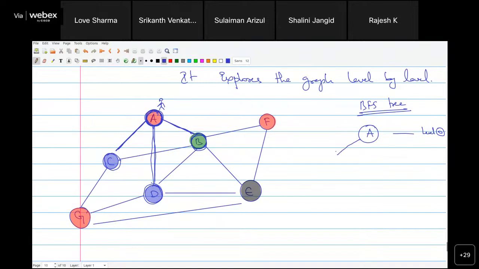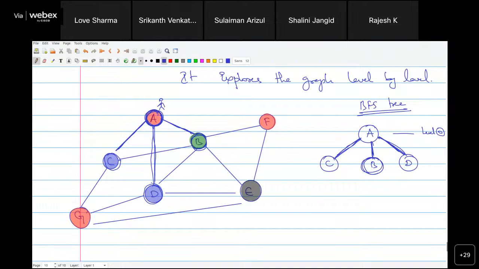I will explore C by traveling along the AC edge, I will explore B by traveling along the AB edge, and I will explore D by traveling along the AD edge.